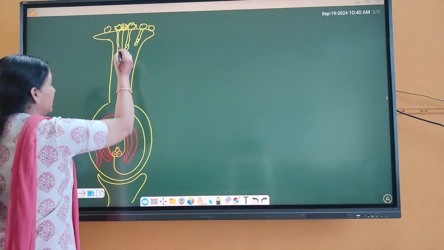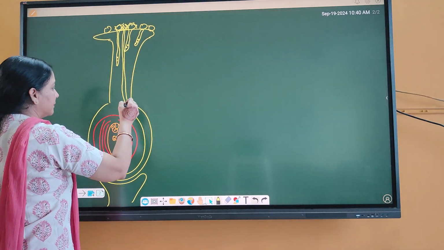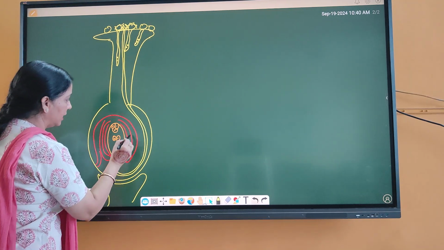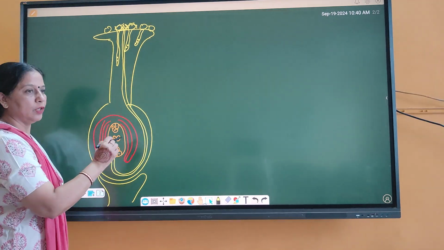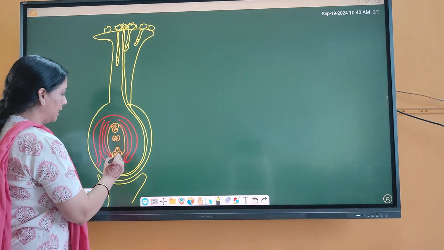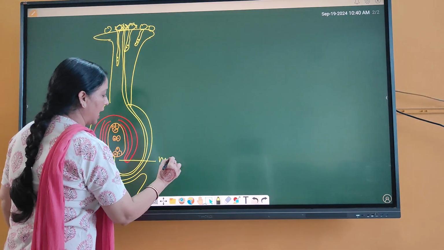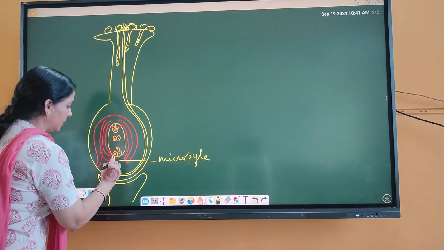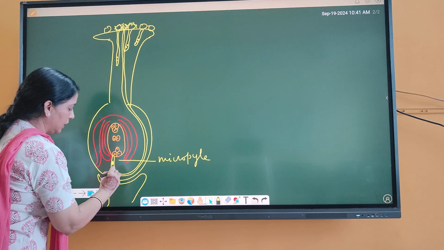ovule. Now you can see there is one opening, this part where the two integuments of the ovule are absent, and this opening is known as the micropyle. The pollen tube is carrying three nuclei.